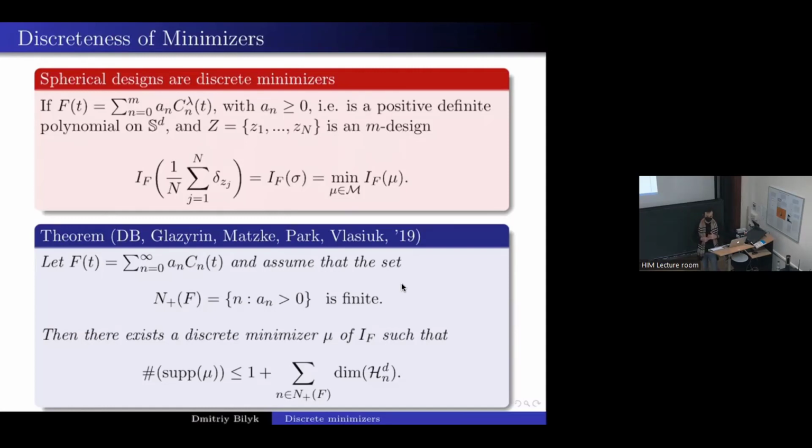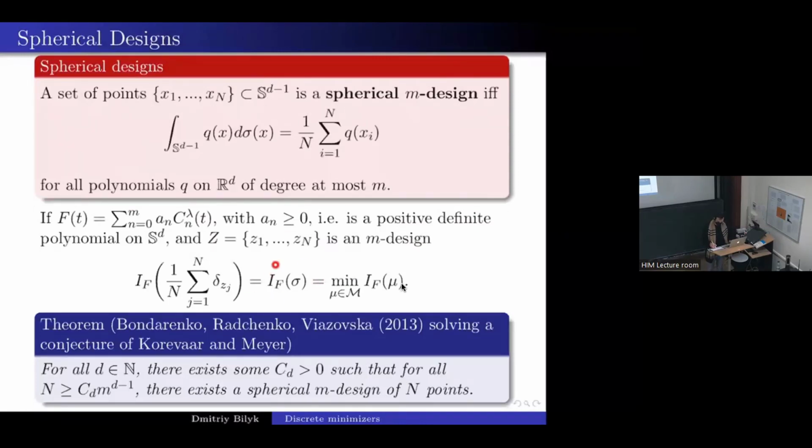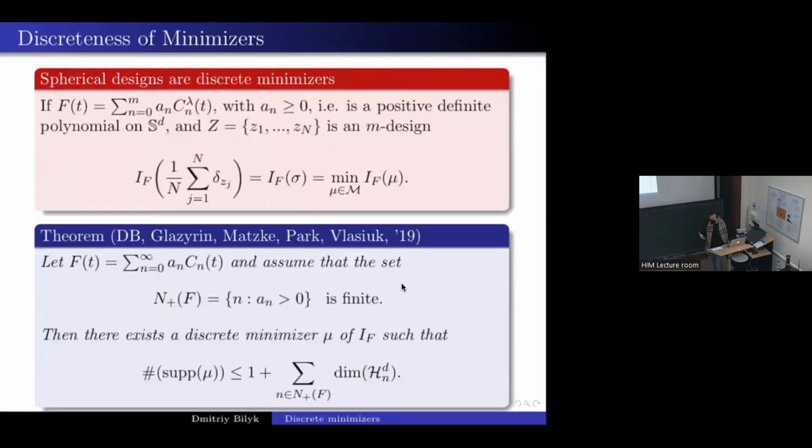We don't know that they will be only discrete, even if all the other coefficients are negative. We know that when the other coefficients are zero, we're back in the previous situation, where non-discrete minimizers exist, but there necessarily exist discrete minimizers. Moreover, there is a bound on their support, which is exactly the dimension of the space of polynomials corresponding to the degrees where you have positive coefficients.